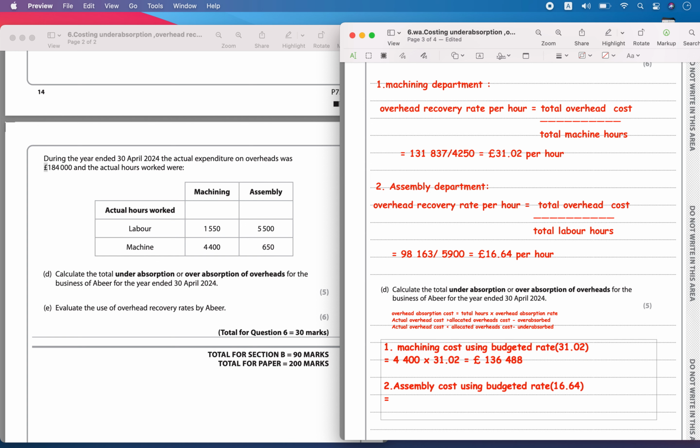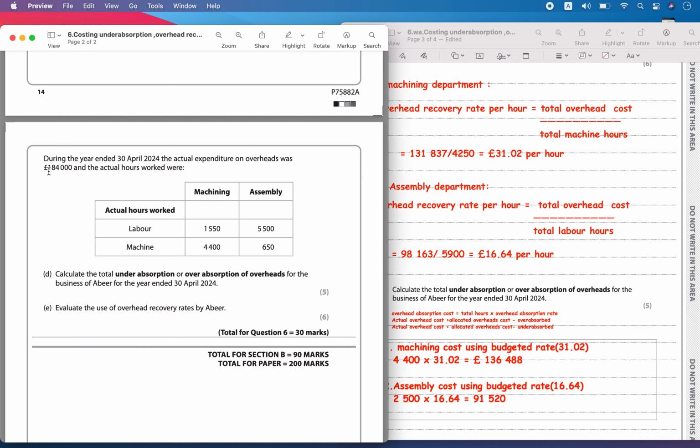For the assembly, if I actually worked for 5,500 hours and the rate I had budgeted was 16.64, that means my cost should have been 91,520 pounds.